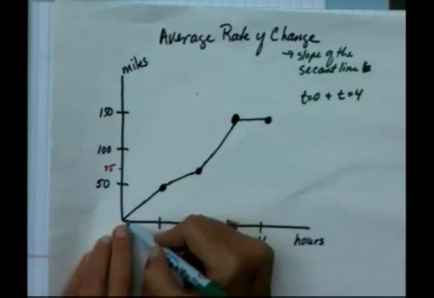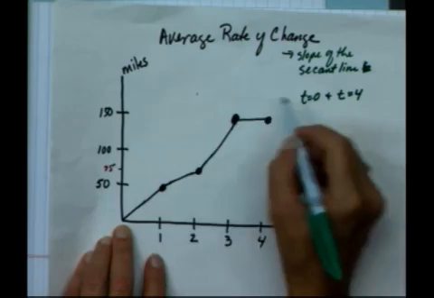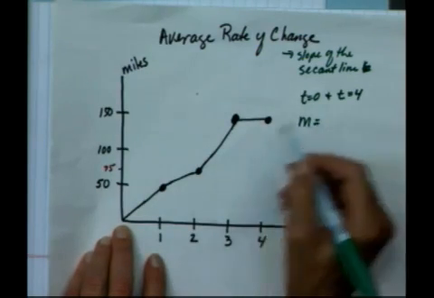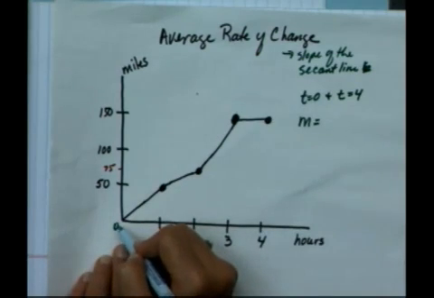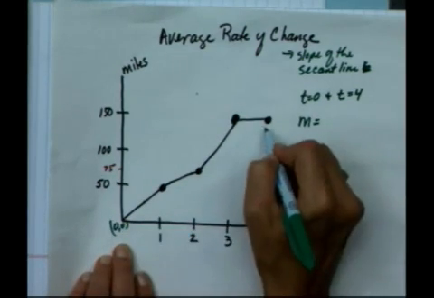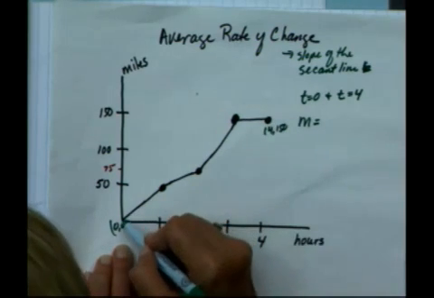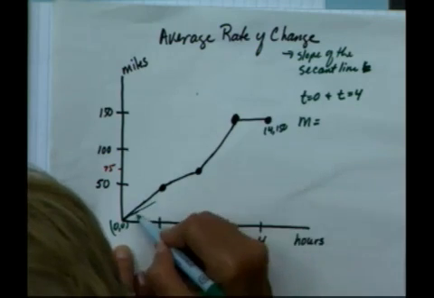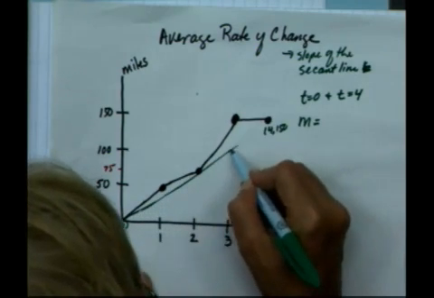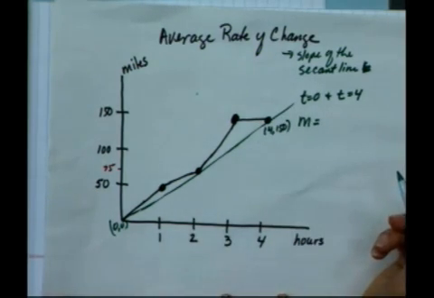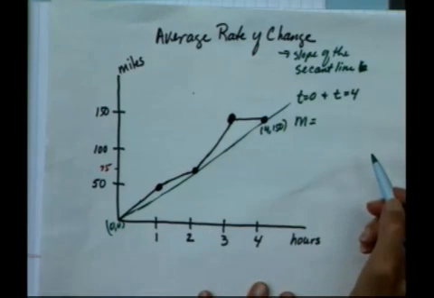So at t equal to 0, remember your y value here is 0, so our points are at (0, 0) and (4, 150). So basically we're looking at the slope of that line right there. Okay, that's the slope of the secant line between those 2 points.